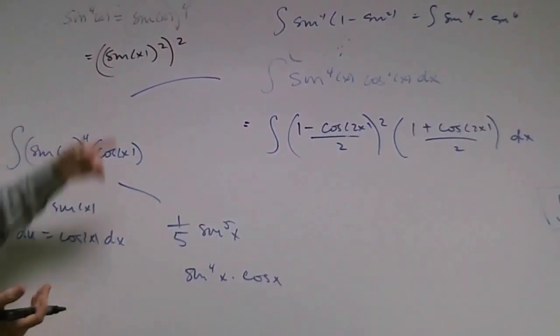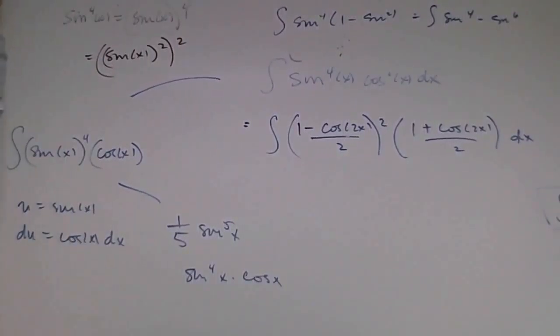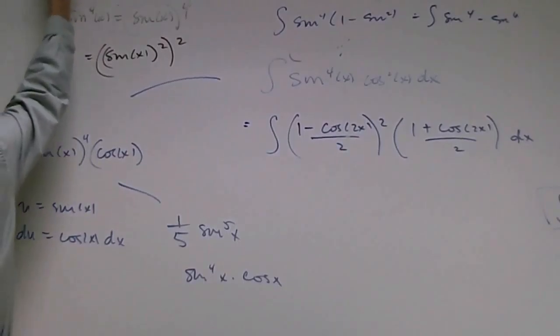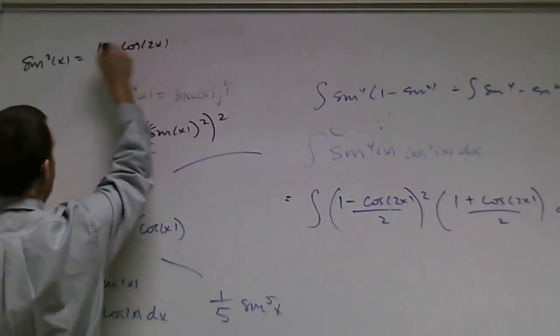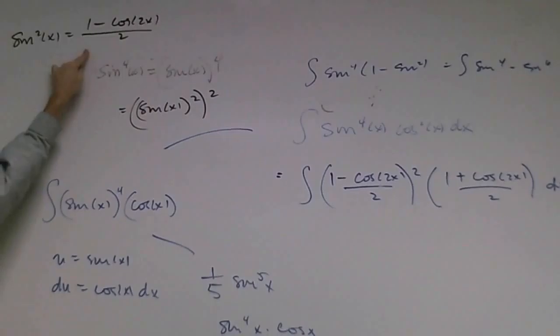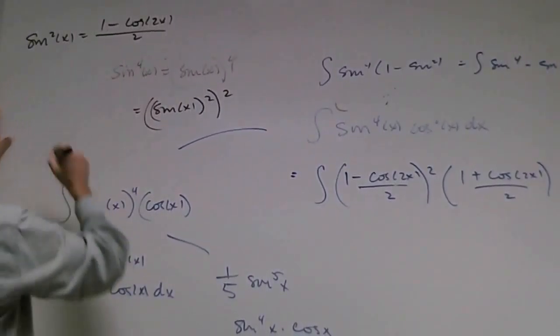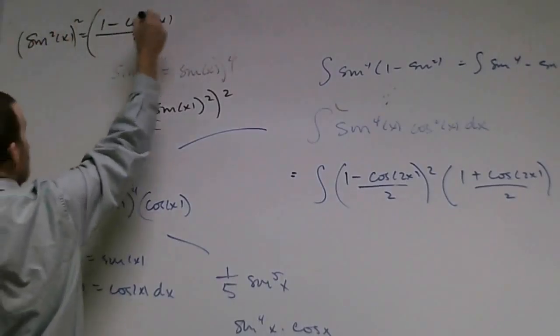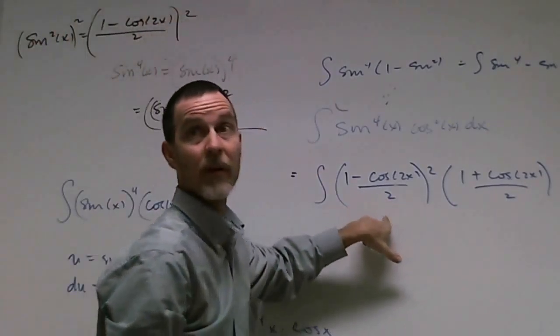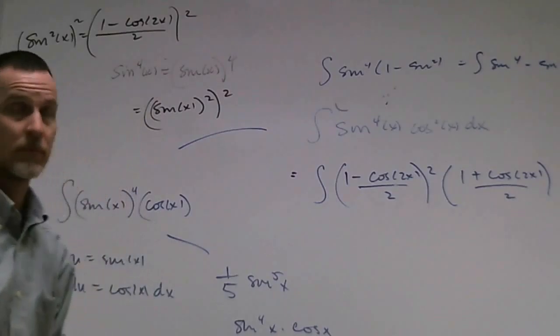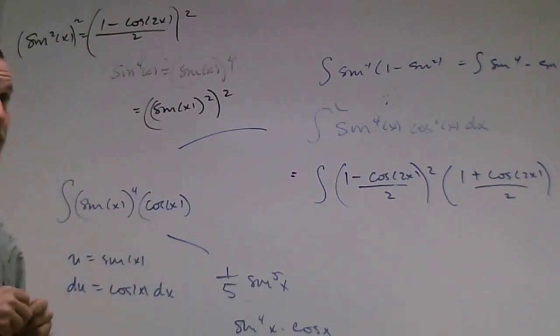We have a formula for sine squared of x called the half angle identity, and it's that. So I have sine to the fourth, so I have this whole thing squared, and that's what I put there. Yep, good question.